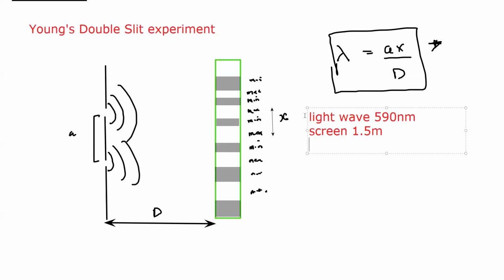And the student observed 12 fringes over a distance of 2.1 centimeter. We have to calculate the separation of the slits.